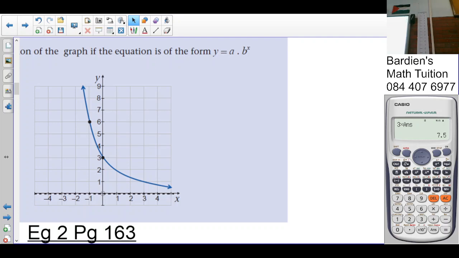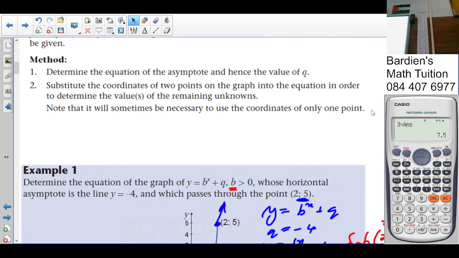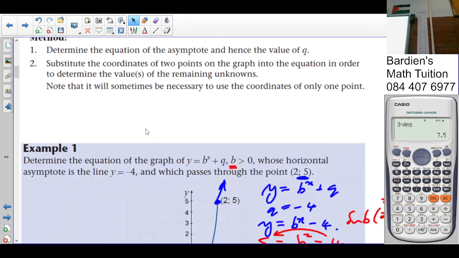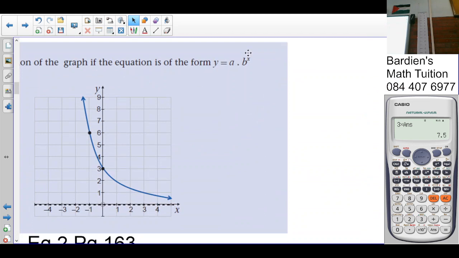Not so? What's your value of p here? P is here. You see that? Plus p here. So what is your p value in this equation? Also 0. There's no p. So it's 0. You guys understand? So the horizontal asymptote, which is y is equal to 0 here, is that 0 there.